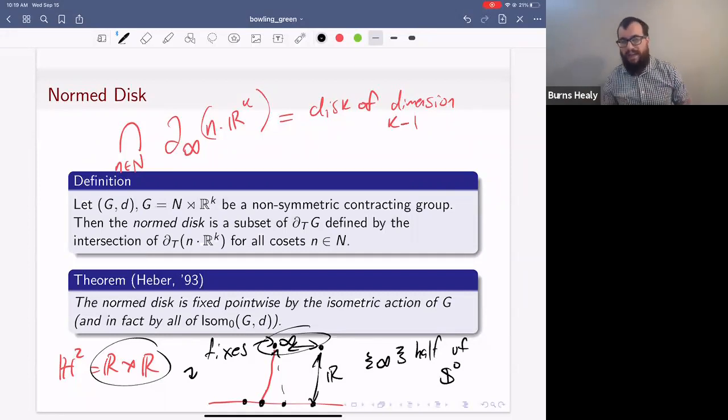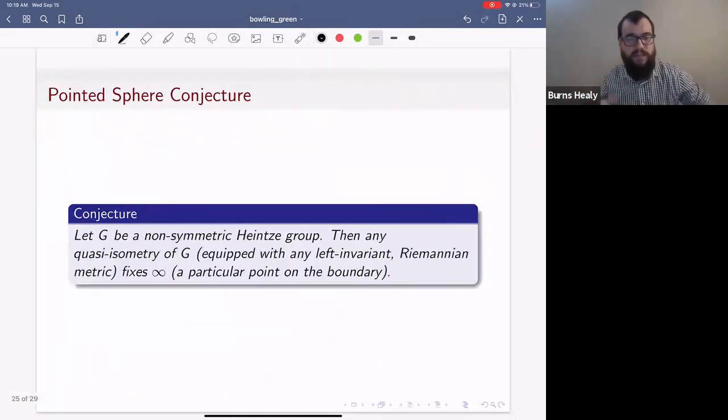Okay, what we'd like is to say that hemisphere is also fixed by quasi-isometries, which should feel very similar to the pointed sphere conjecture, which I won't talk about. But in terms of a hyperbolic space, the quasi-isometry's effect on the boundary is a well-defined thing.